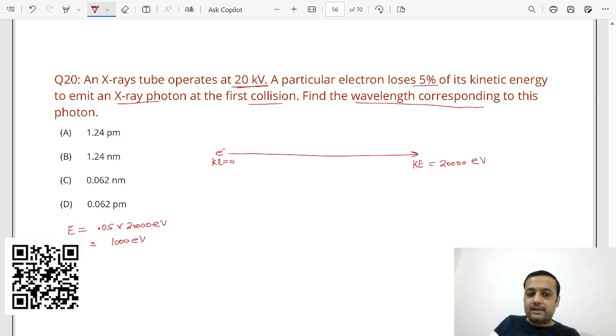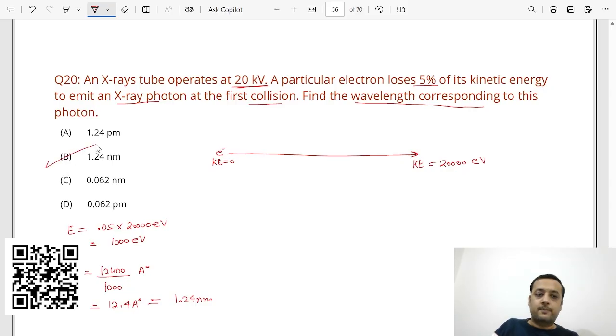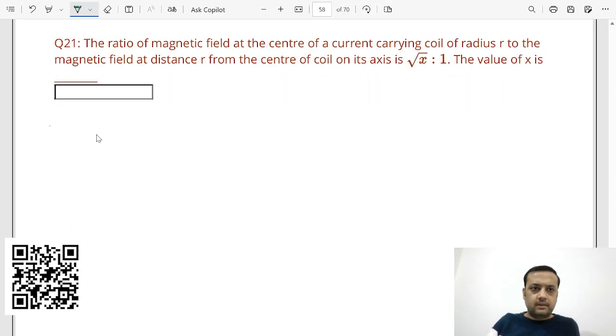Remember one formula: wavelength is 12400 upon energy, but this answer will be in angstrom. So you get 12.4 angstrom. Now 12.4 angstrom is nothing but 1.24 nanometer. So option B will be the correct answer for this question. All right, let us see this question.